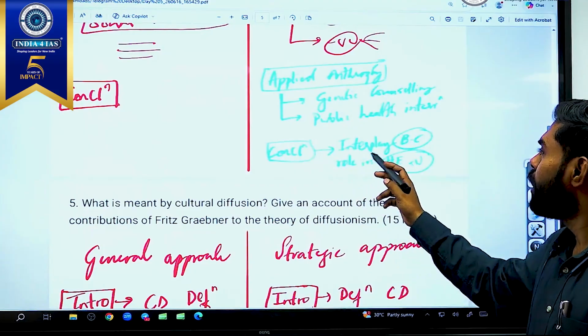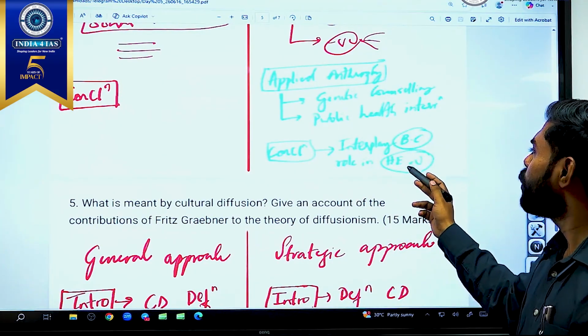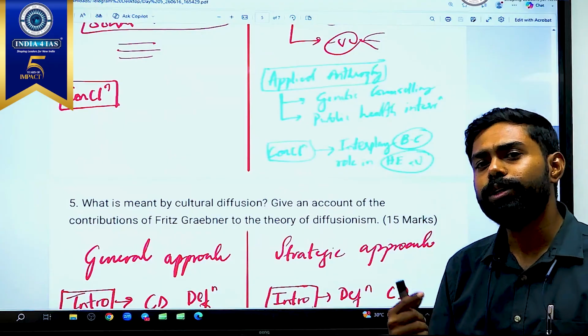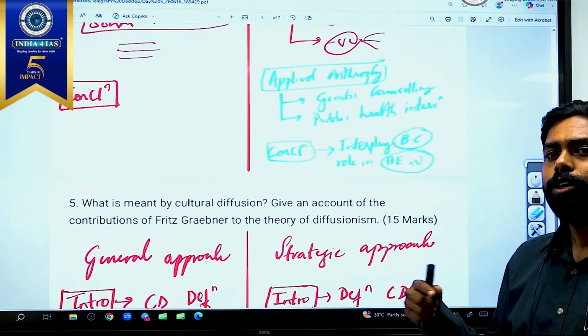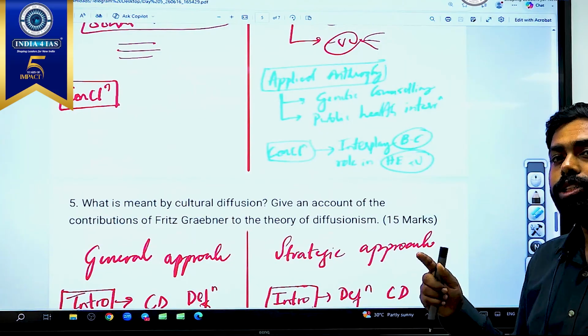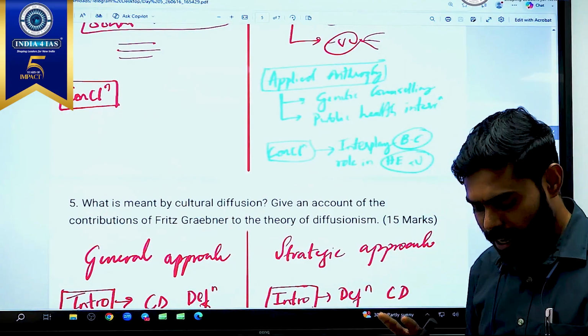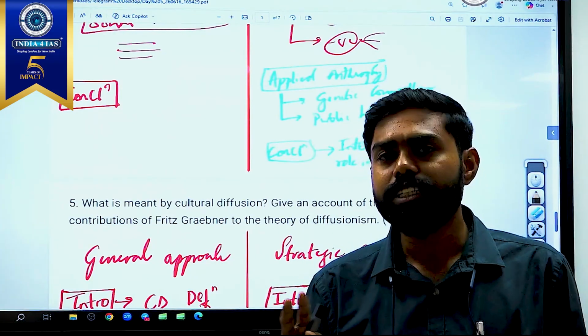And the conclusion: the interplay between biology and culture and its role in human evolution and variation. This is how you need to create a conclusion using the broader aspect. Don't you think inbreeding and consanguinity are actually an outcome of the interaction of biology and culture?